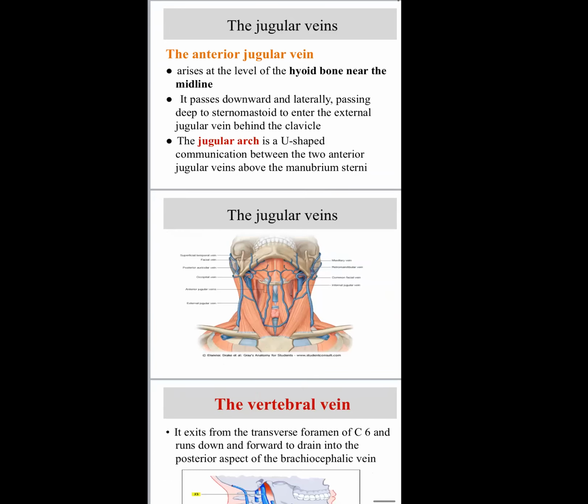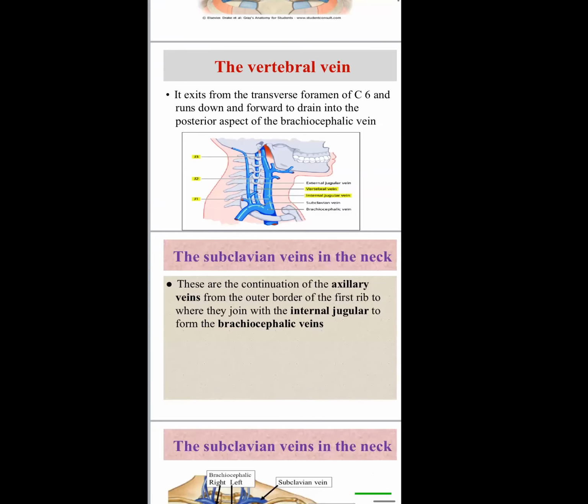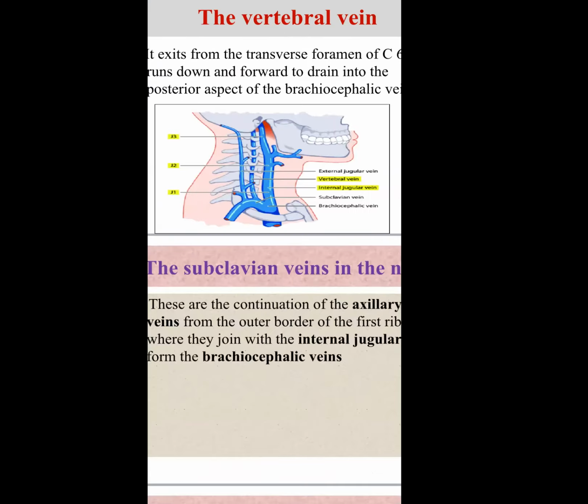The vertebral vein. The vertebral vein exits from the transverse foramen of C6 and runs downward and forward to drain into the posterior aspect of the brachiocephalic vein. هذه الصورة توضح the vertebral vein, and when it enters the posterior aspect, the brachiocephalic vein.